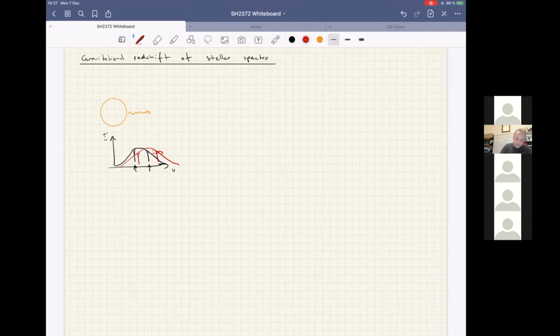So by this shift, you can tell what is the difference in gravitational potential at the surface of that star and at infinity, where you are looking at that star. So that's another way of determining that there is gravitational redshift going on here. And this can be observed.